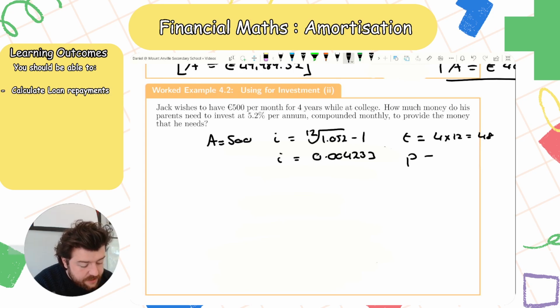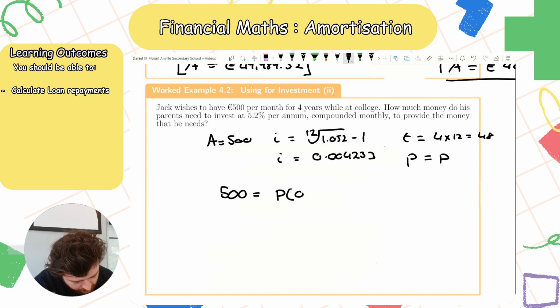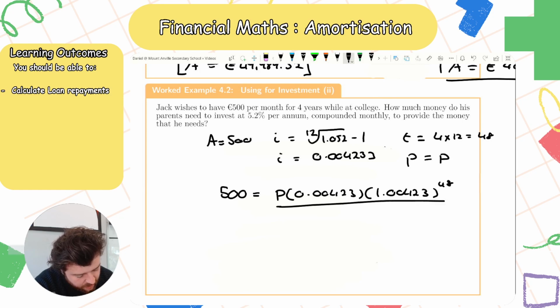And then P is my starting amount of how much I've invested. We're going to leave it as P because that's what we're trying to solve. So 500 equals P times 0.00423 times 1.00423 to the power of 48, all over 1.00423 to the power of 48 minus 1.